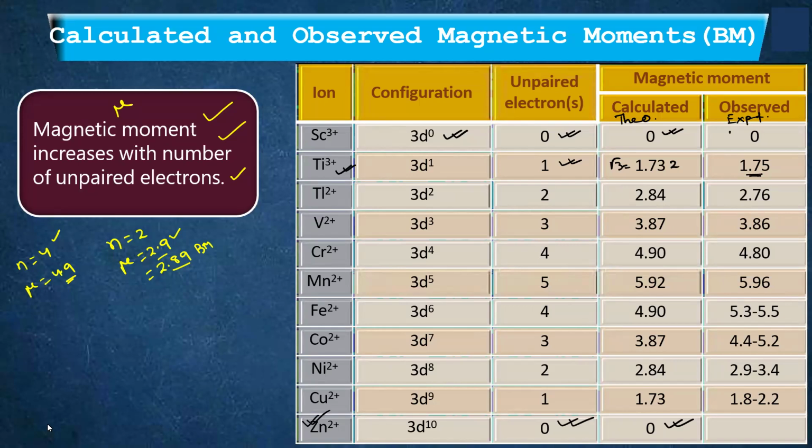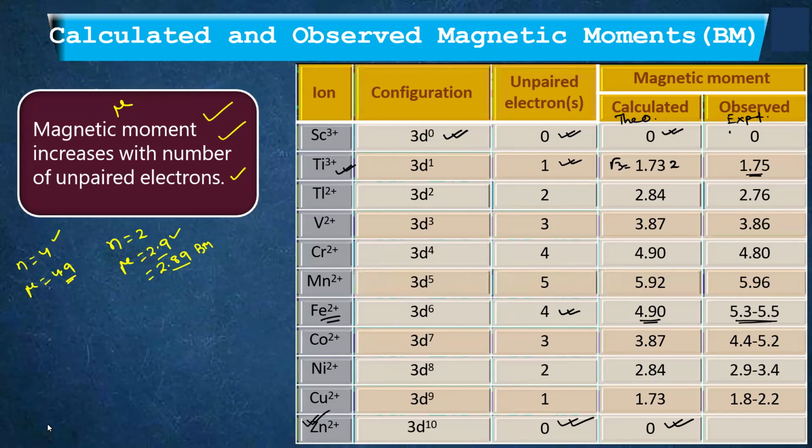In some cases, like Fe2+, which has 4 unpaired electrons, the magnetic moment should be 4.9. But actually the magnetic moment comes between 5.3 and 5.5.